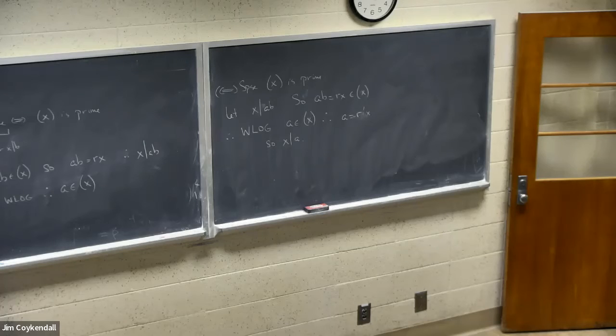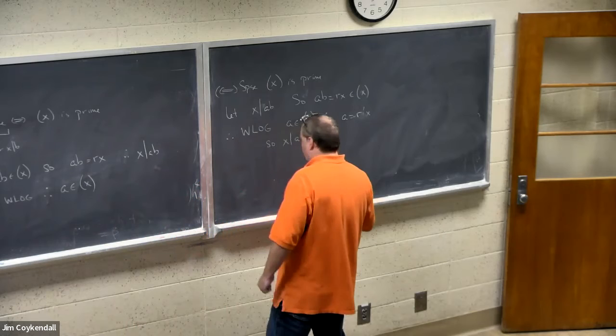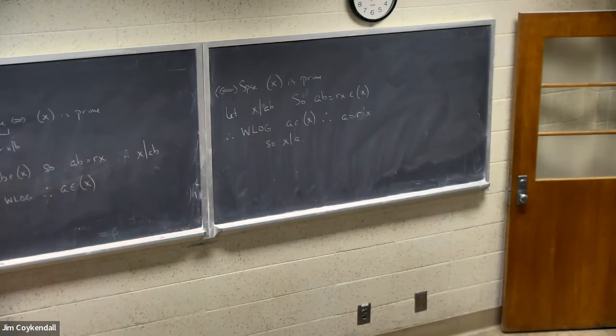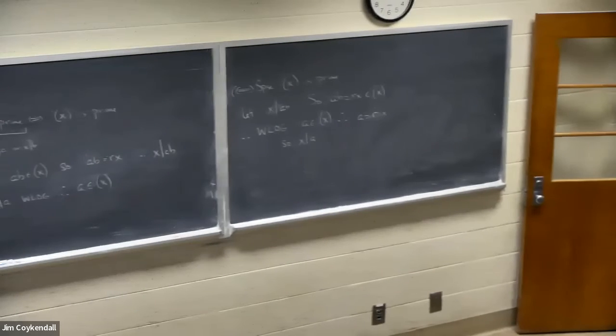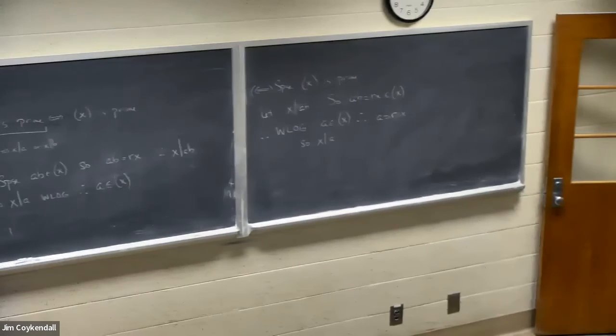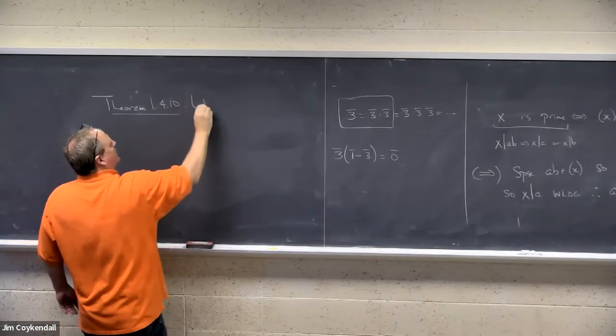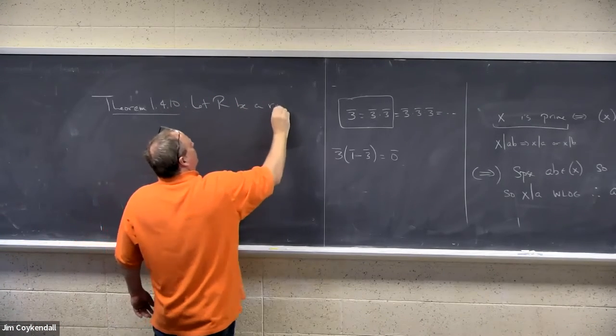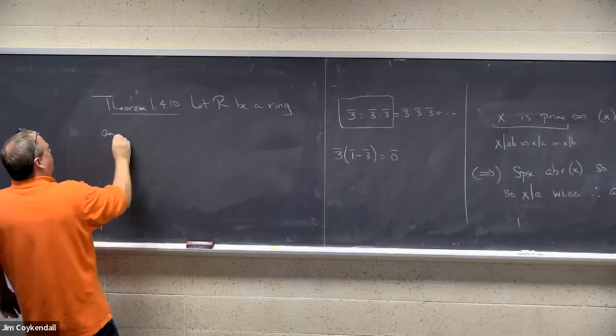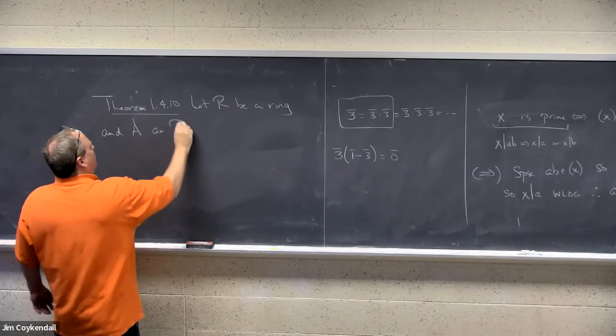Right, so this next result is actually kind of neat because from one perspective, you can think of this as a way to use modules to build prime ideals. Let me clarify that a little bit. Suppose R is a ring and A is an R module.